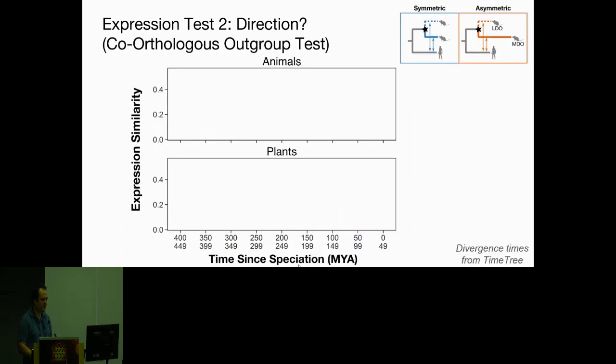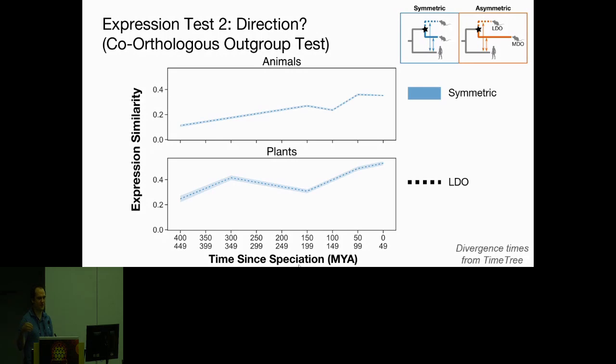So this test, we wanted to, rather than just have all of the duplication events in one column, take the divergence times from TimeTree of the speciation events that ended up being studied, where we've got the link to the co-orthologous outgroup.